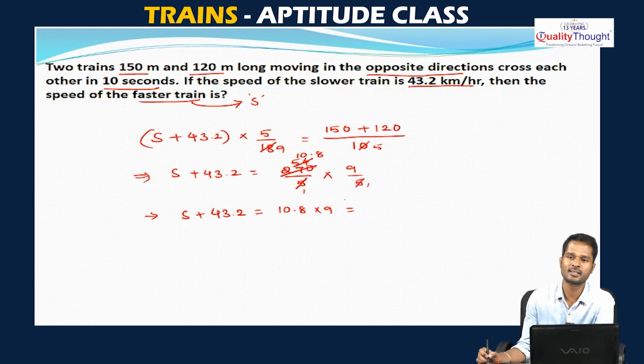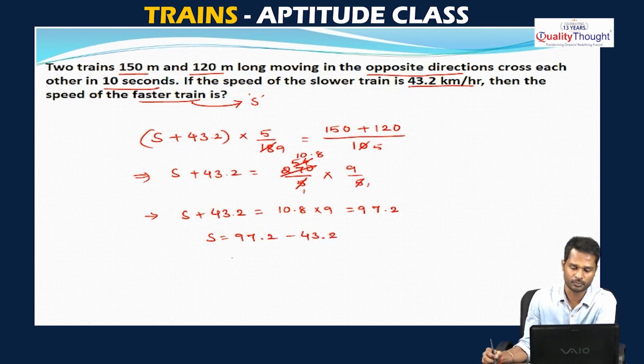So, this is 9 eights are 72 and 9 ones are 9, which is 97.2. So, the speed of the faster train s is 97.2 minus 43.2, which is 54 kilometers per hour.